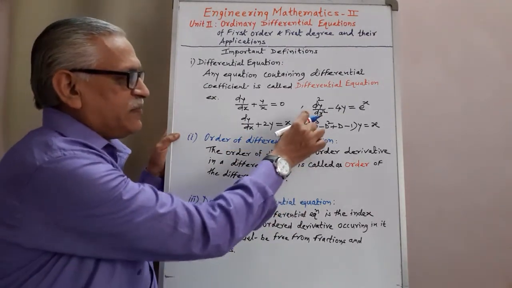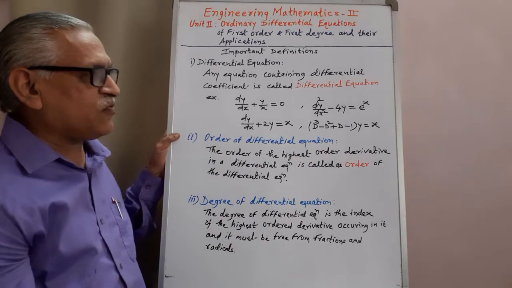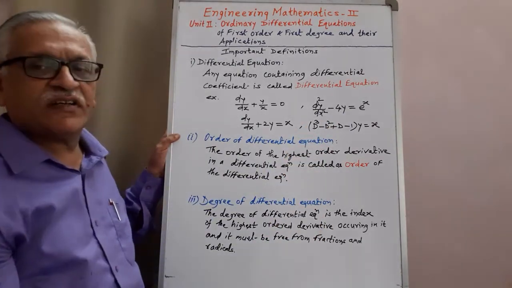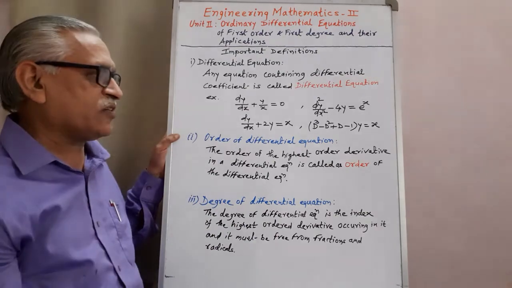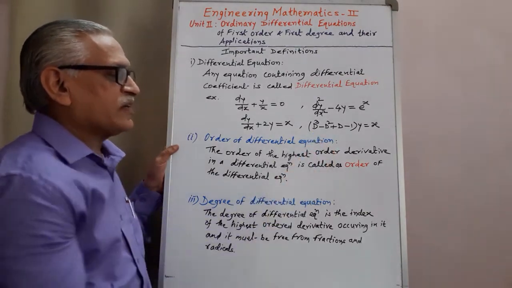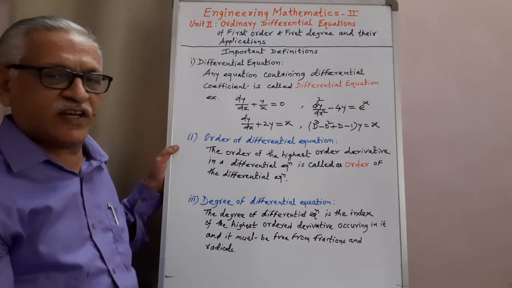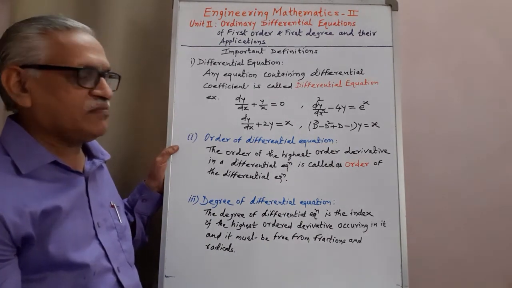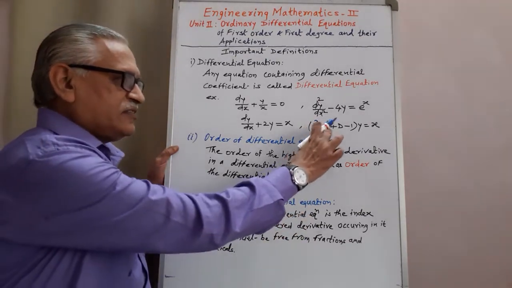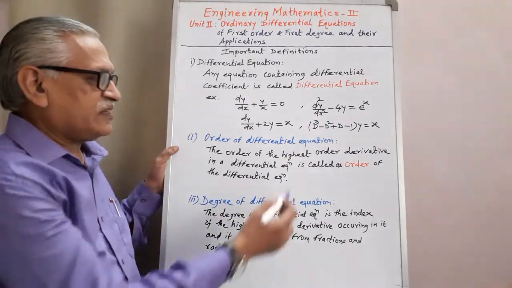Third, d2y by dx square minus 4y equal to e raised to x, equation containing second order derivative or second order differential coefficient. Fourth example, (D cube minus D square plus D minus 1) into y is equal to x. This is the differential equation.